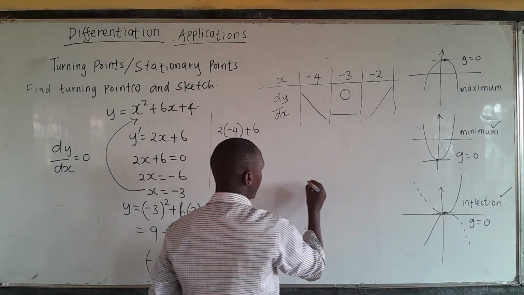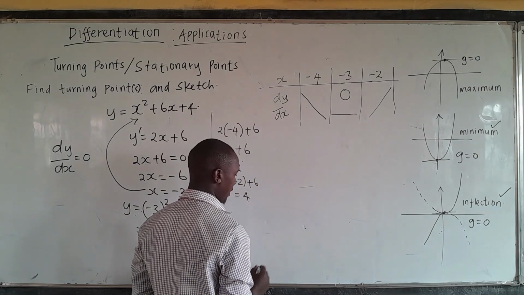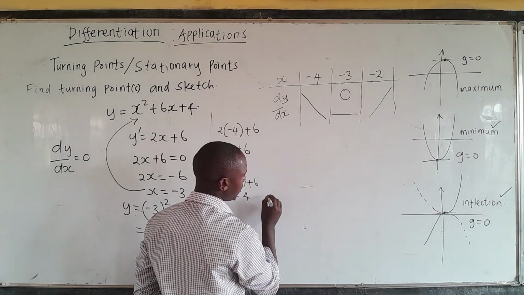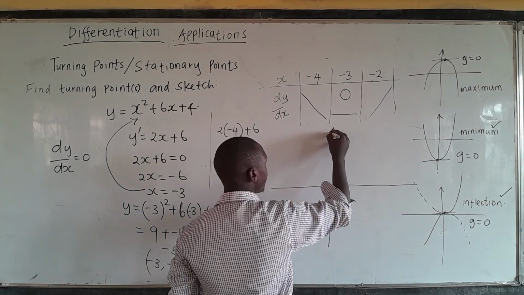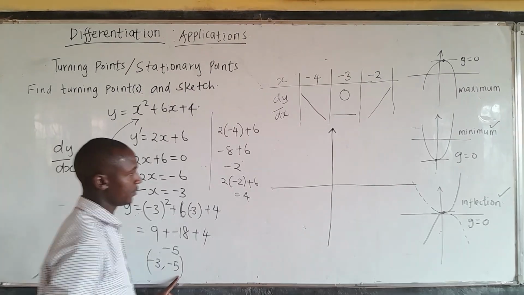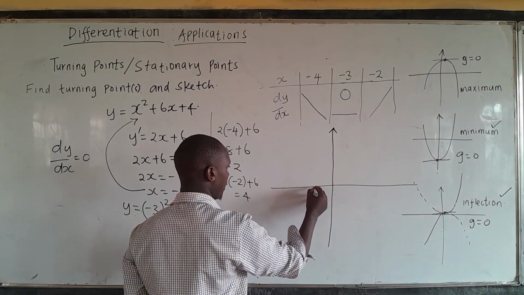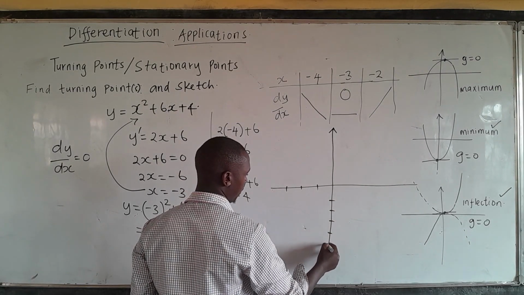And therefore, if I want to sketch my curve here, I'm going to have a simple Cartesian plane. We know the point is negative 3, negative 5. Negative 3 will be around here, 1, 2, 3. 1, 2, 3, 4, 5.